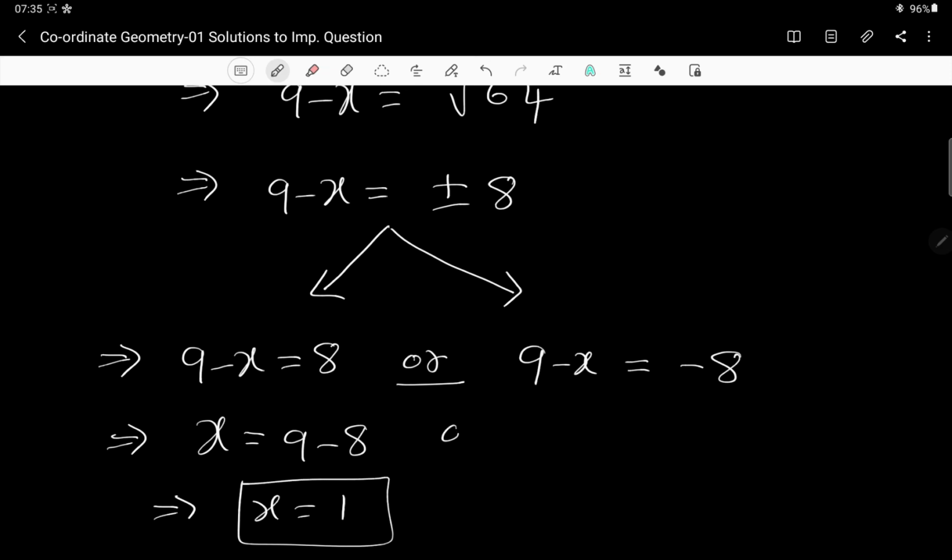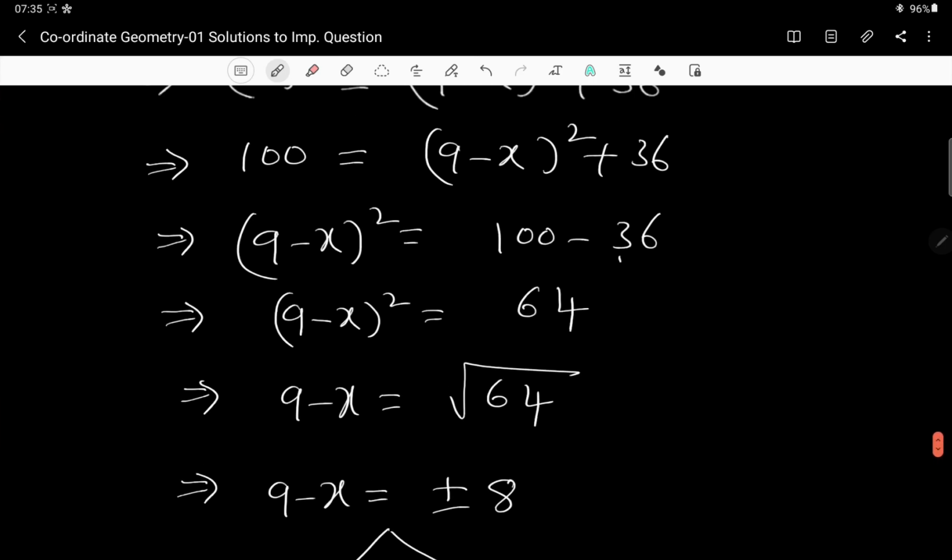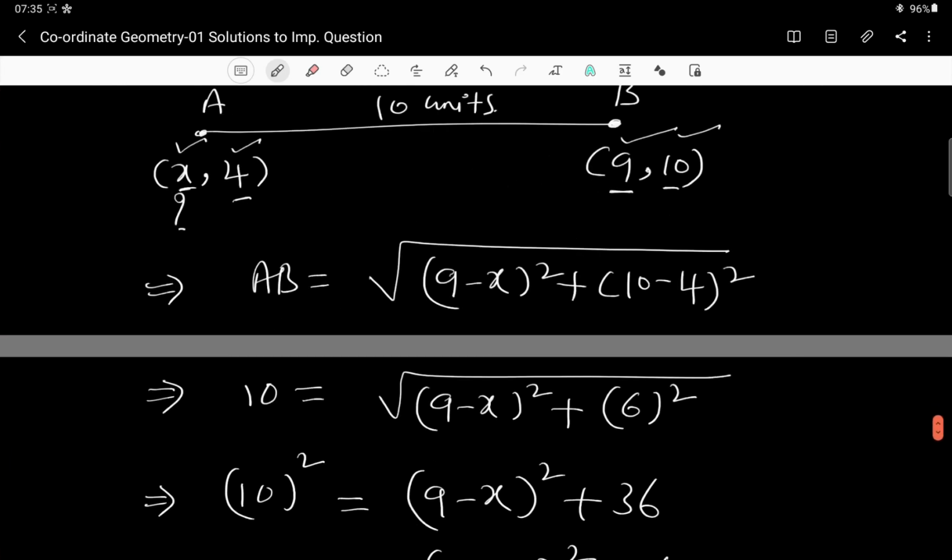And you solve this also: x is equal to 9 plus 8, and the value of x is 17. Either x can be 1 or it can be 17. For both values, the distance is going to be 10 units. If you want, you can verify that also.